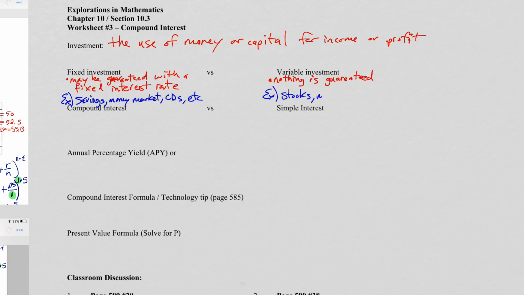That's why you have to know what you're doing. Mutual funds, where you pay someone else to deal with different groups of stocks, you have a mutual fund manager. And commercial bonds, etc. So those are the different types of investments out there. And there's many more, but those are just some examples.